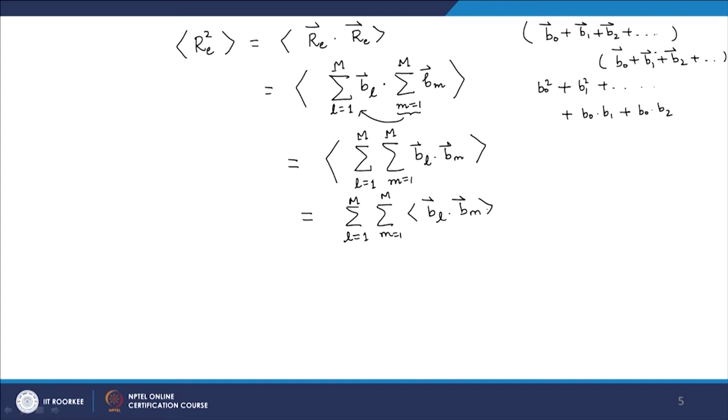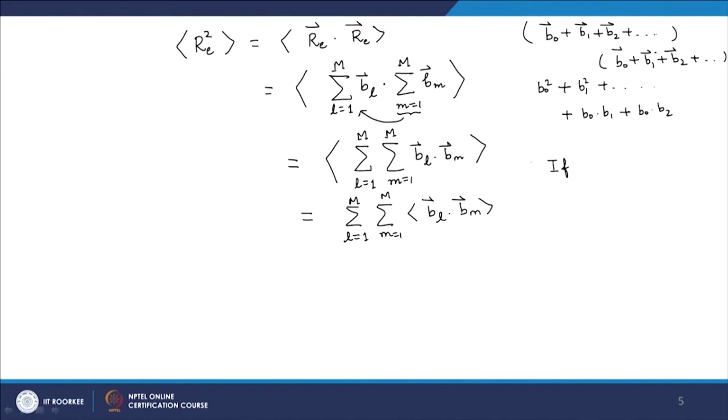Okay. And now we have something interesting here, that if I look at this b_l and b_m, I am summing over all possible values of l and m. What you will see is, if l is not equal to m, then of course b_l and b_m are uncorrelated. So, for any given value of b_l, b_m can be in any direction.